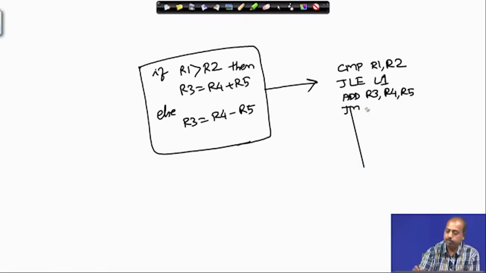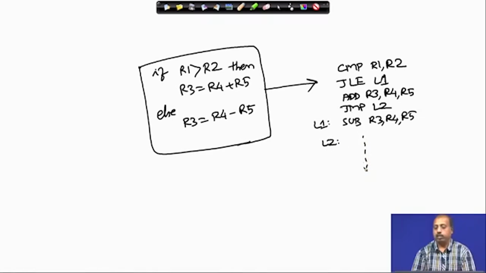Then there should be a jump to L2 to skip over the next instruction, and then here I should have this label L1, and there I should do the operation subtract R3, R4, R5, and this is my label L2. So, this is the code.